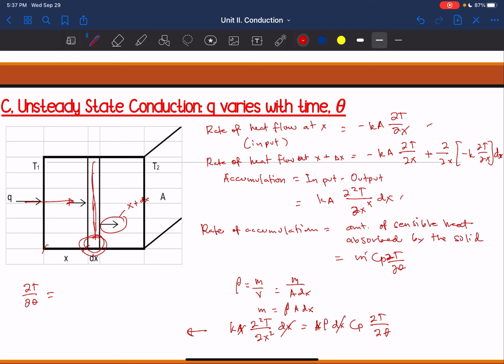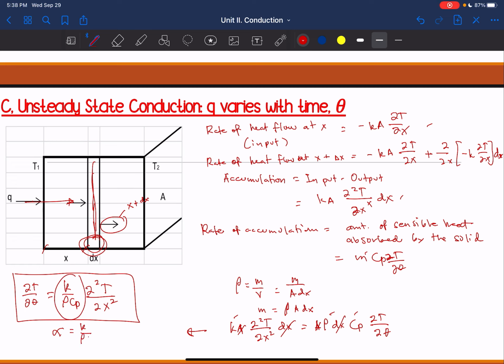So you get K over rho Cp, ito, K over rho Cp second partial derivative of T with respect to x. And this would be your equation, which leaves you that your alpha, take note, your alpha is equivalent to K over rho Cp, or your thermal diffusivity.